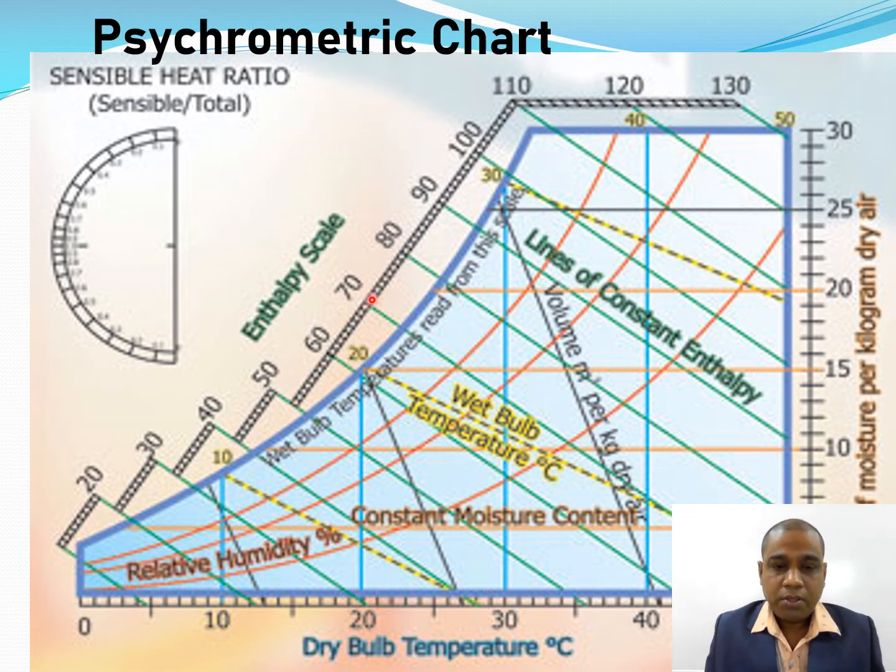Here, this one is a specific enthalpy line. The green line is a specific enthalpy line. It is written here 20, 30, 40. That means 40 kilojoule per kg of dry air, 50 kilojoule per kg of dry air.